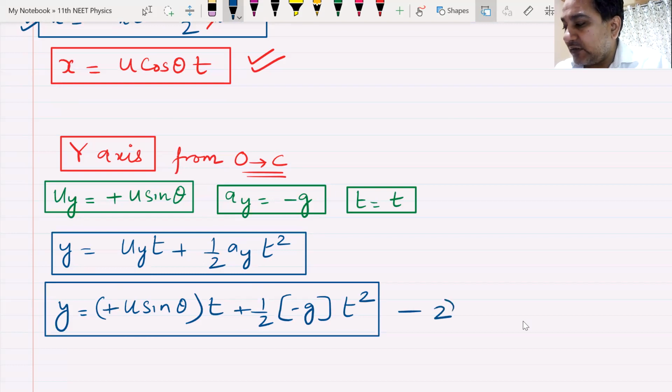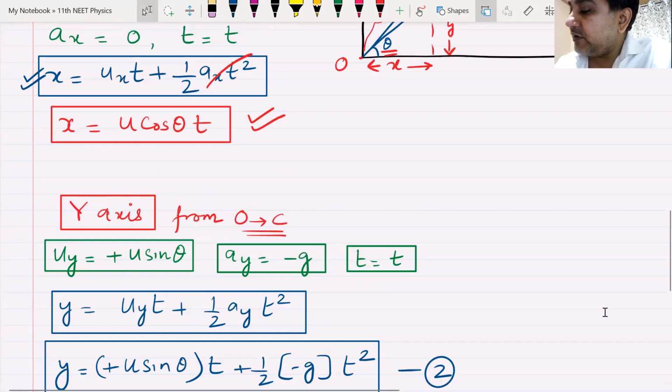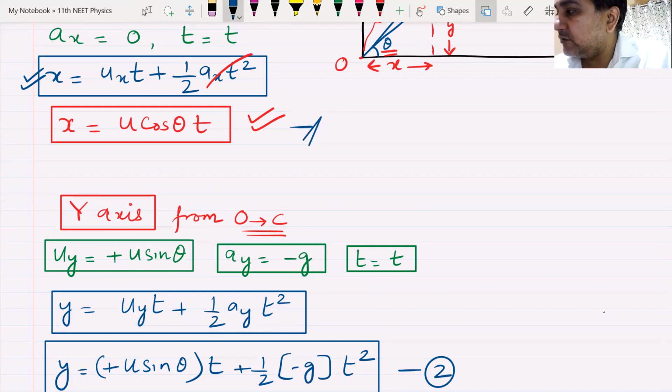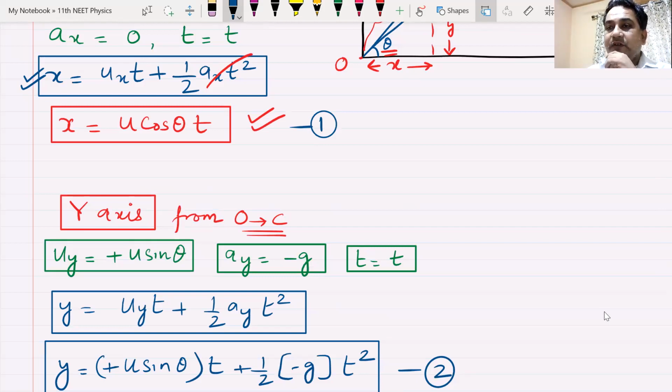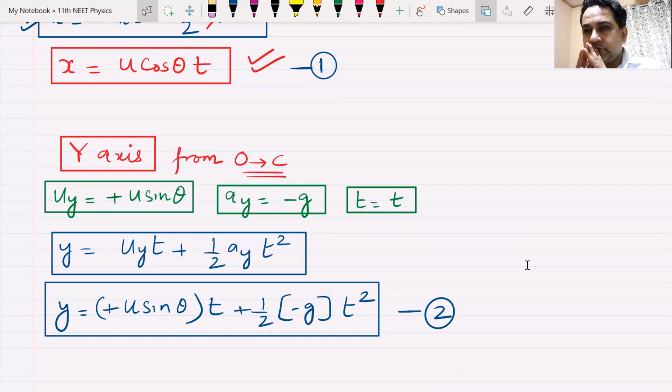Let me call this equation number 1, and the one for y equation number 2. Now look at equation number 1 and equation number 2. Let us go back to what was our purpose.